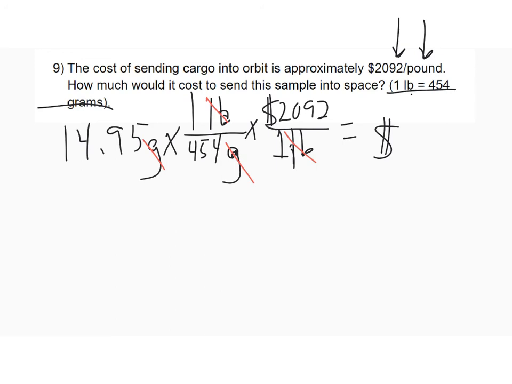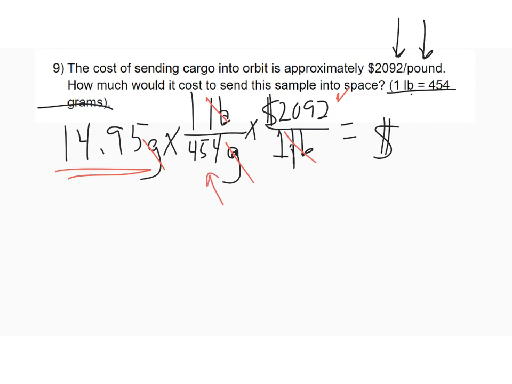So again, before I've done any calculating, I can be pretty sure that this is set up right, because all the units I don't want are canceled out. The unit that I want for my answer is left. So now I can multiply 14.95 times 2,092, and then finally I'll divide that answer by 454.